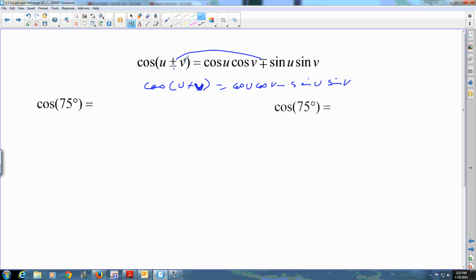Okay? So when you're adding, you would subtract. Right? So if I do the 30 and 45, cosine 30 plus 45, then you're going to get cosine 30, cosine 45, minus sine of 30, sine 45.